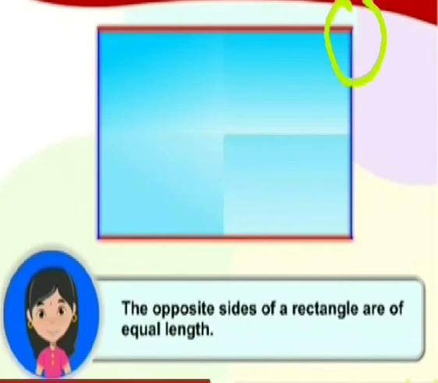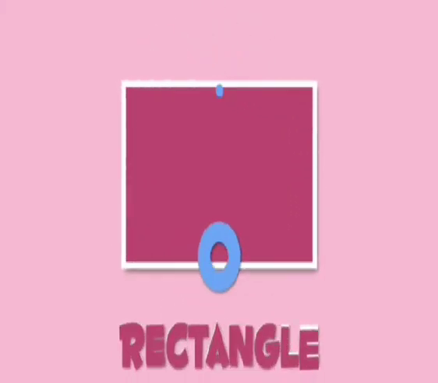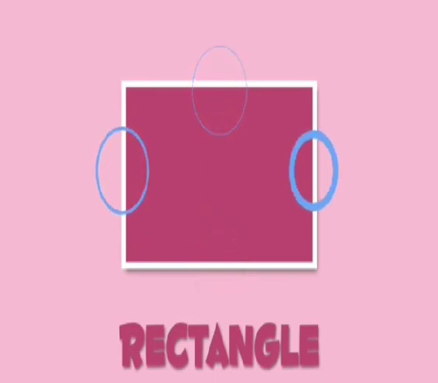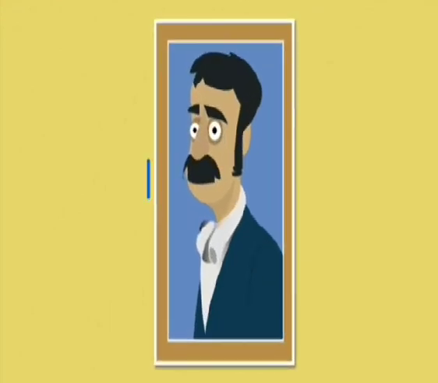So 1, 2, 3 and 4. So a rectangle has 4 sides and 4 vertices, and its opposite sides are equal. Now let us see some examples of rectangle. In both the examples, children, the opposite sides are equal.